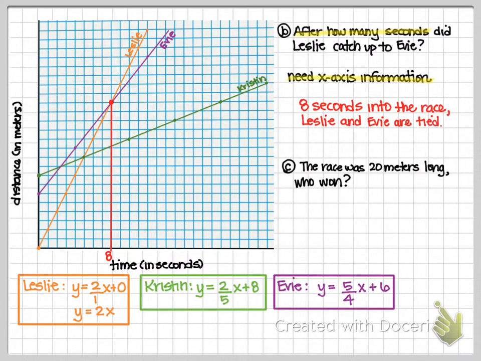I'm going to use a dark blue, well, not blue, because there's already a whole bunch of blue on there. Let's do yellow. I need to count up on my y-axis until I get to 20, and then we're going to run a line straight across at 20. So we realize that that's where this race is over.